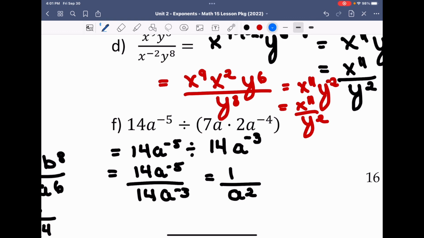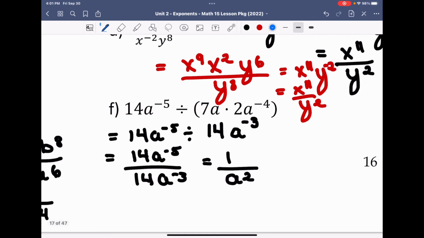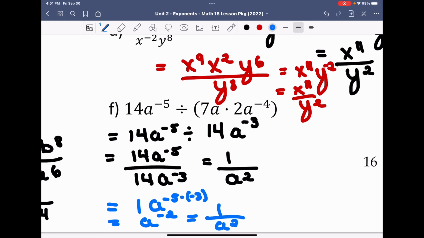Now by quotient rule, let's make sure we prove this to show it. This is going to be equal to, well, 14 over 14 is 1, and a to the negative 5 minus negative 3, well, this is equal to a to the negative 2, and we know a negative relocates it, so it's 1 over a squared.